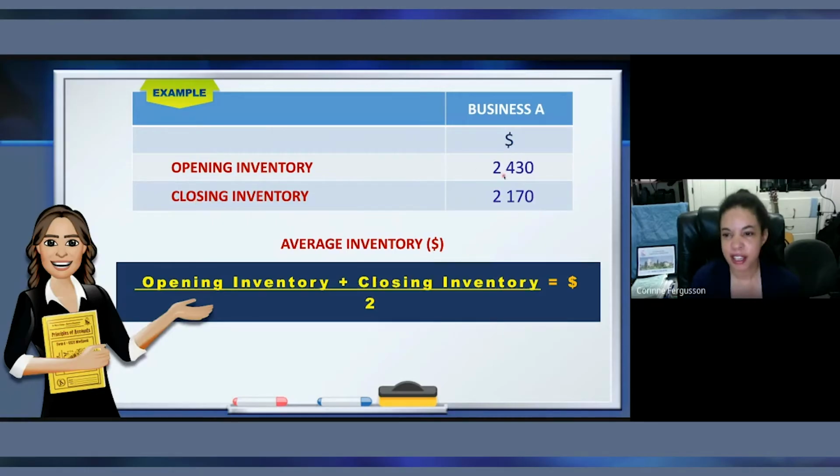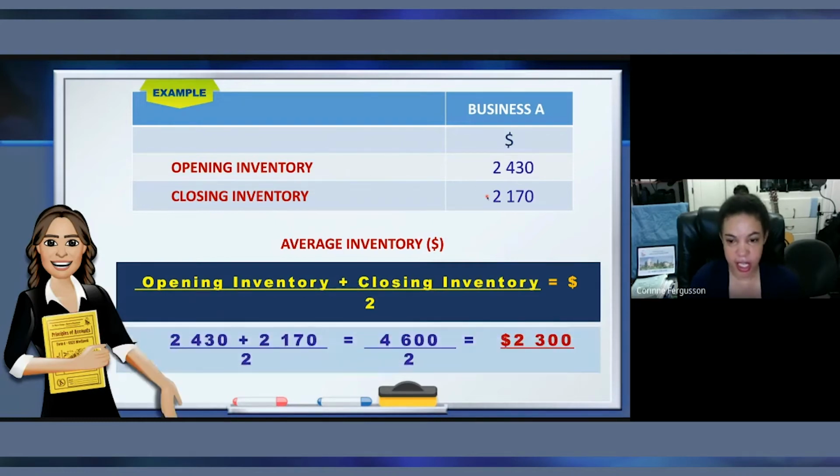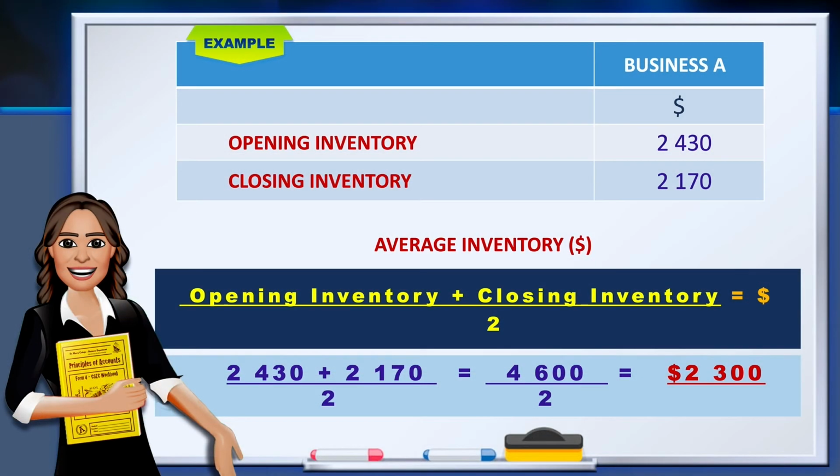Here are the figures. Opening inventory plus closing inventory divided by 2. This plus this gives you 4,600, divided by 2 gives you an average inventory of 2,300. As simple as that.